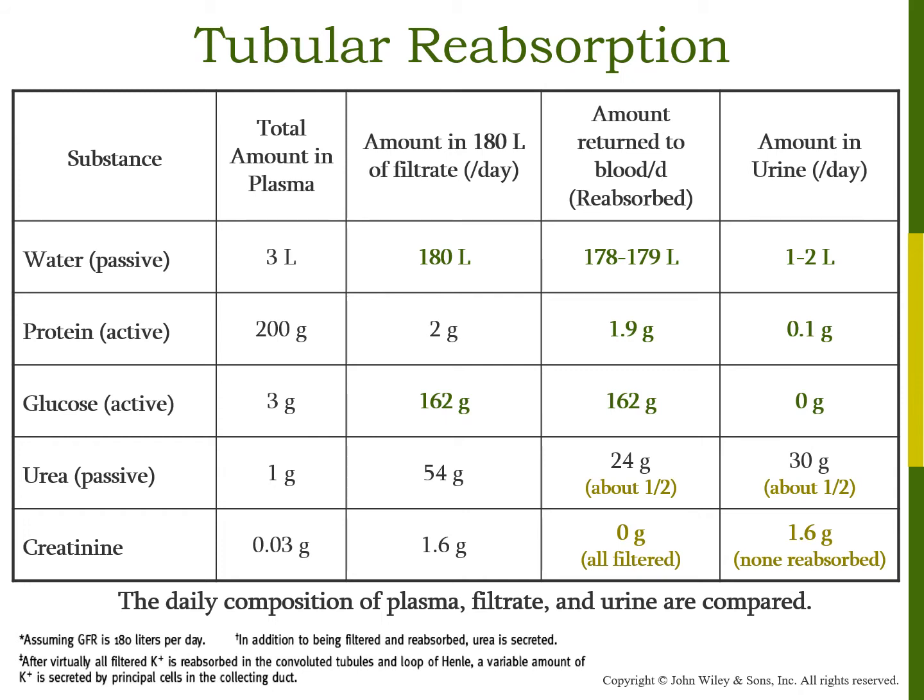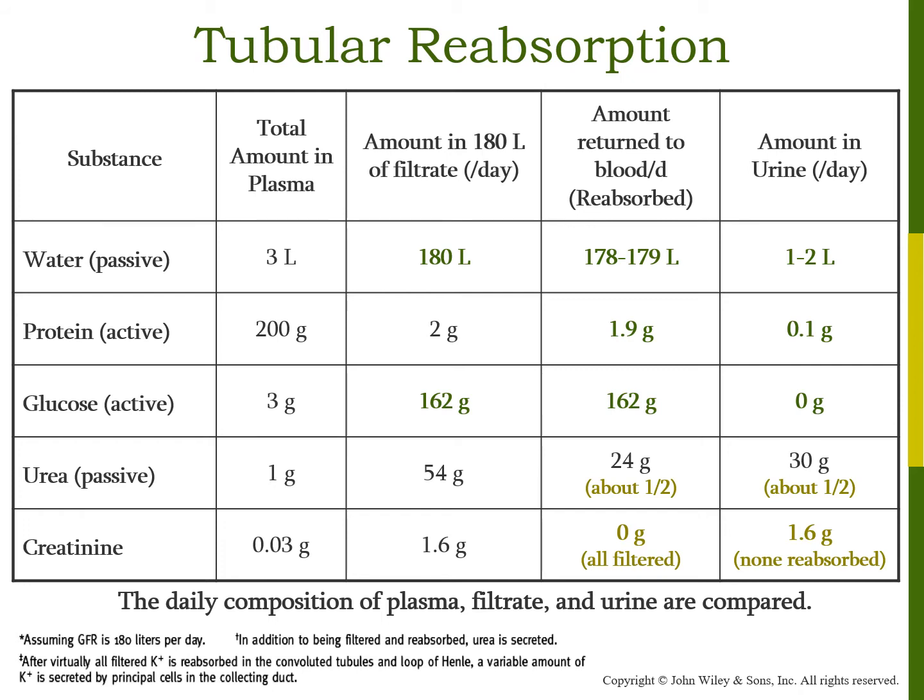So assuming a glomerular filtration rate of 125 milliliters per minute, which works out to 180 liters per day, the total plasma volume is filtered several times, but 99% of that is reabsorbed, leaving only 1 to 2 liters of urine being excreted per day. That fluid has to be replaced, of course, by ingestion of fluids, mainly, also by water production at the cellular level.